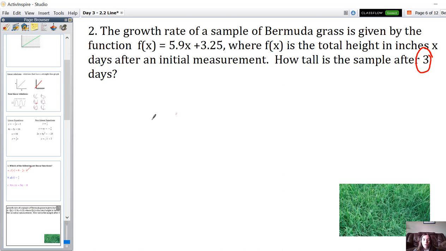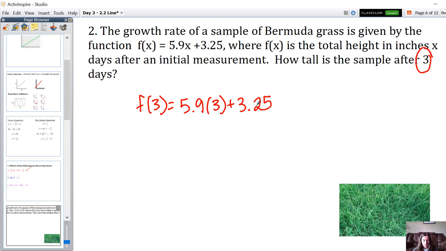So we know we waited 3 days to take this sample. So that means that's our x value. Anywhere we see an x, we're going to put 3 for 3 days. So we've got 5.9 times 3 plus 3.25. Then using PEMDAS, first we're going to multiply.